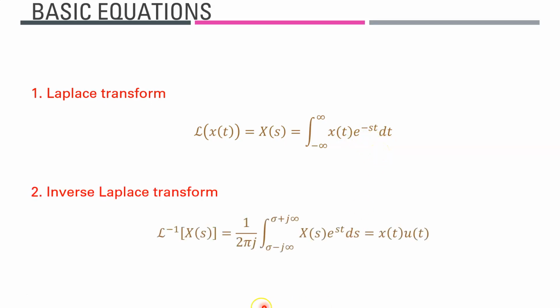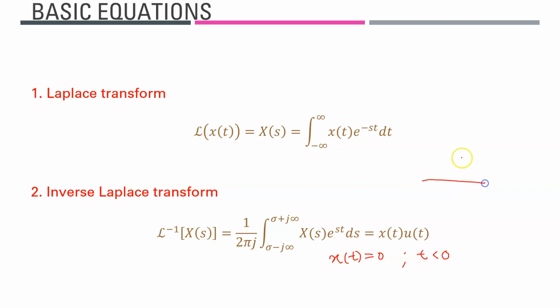The second equation is related to the inverse Laplace transform. We have the inverse Laplace transform of X of s equal to this equation, and we will get back x of t u of t. Multiplying the signal x of t by u of t simply means that x of t is equal to 0 when t is smaller than 0.